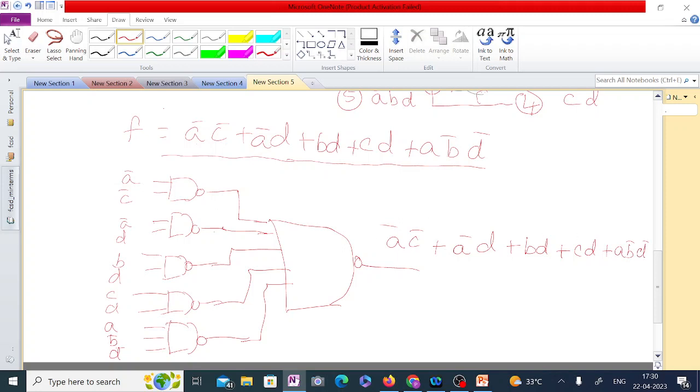Because here you would have got A bar C bar the whole bar, A bar D the whole bar, BD the whole bar, CD the whole bar, and A B bar D bar the whole bar. So again that complemented here you will get this. This is how you represent. Thank you all.